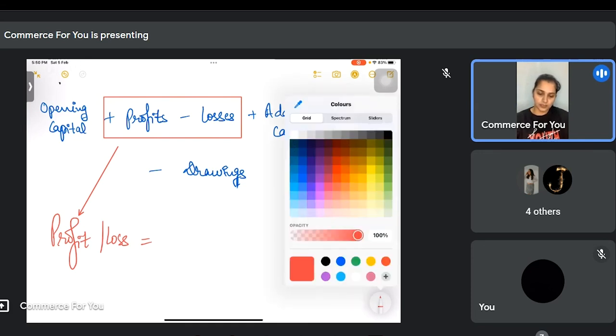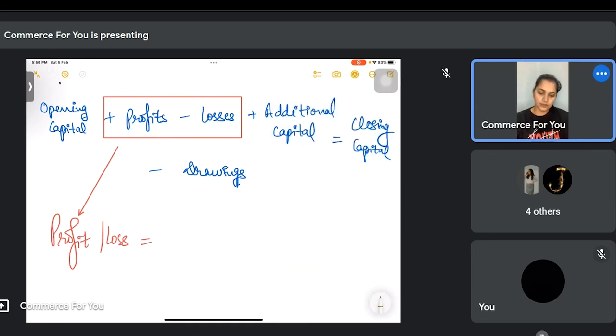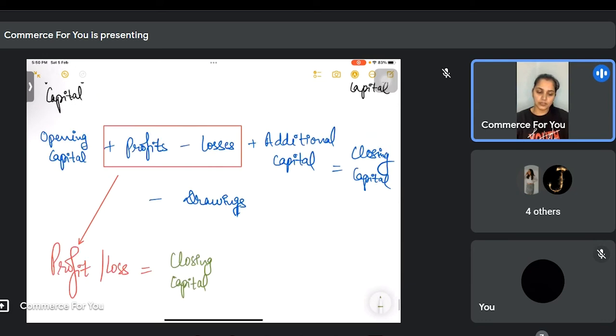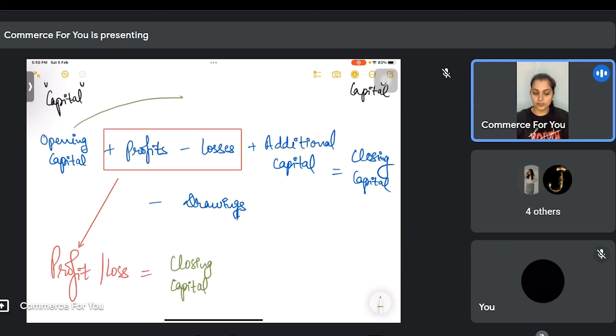Now how will we take this further? Closing capital, you'll be taking the rest of the items to the opposite side, and it's really clear and it's basic. Whenever we move the values from one hand side to another, let's say left to right, right to left, we change the signs.